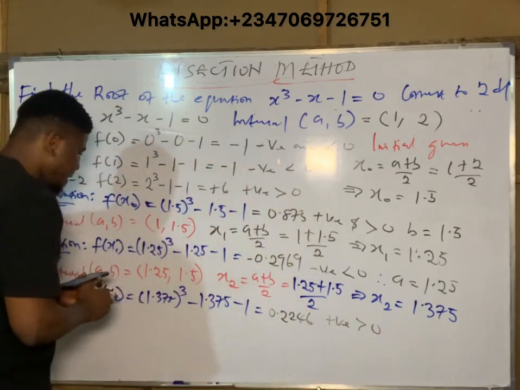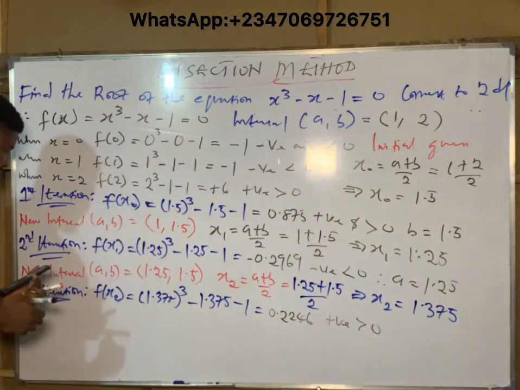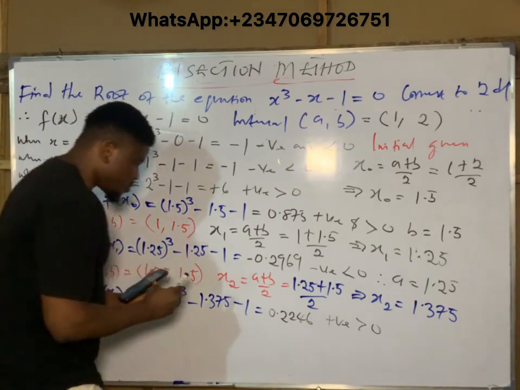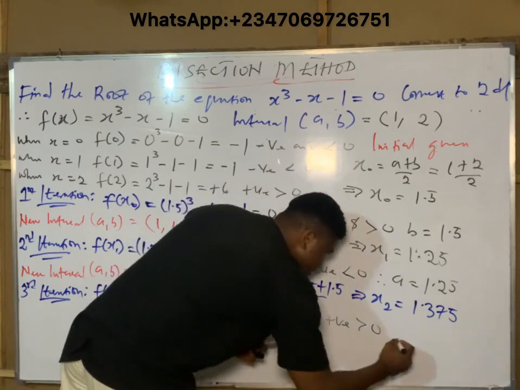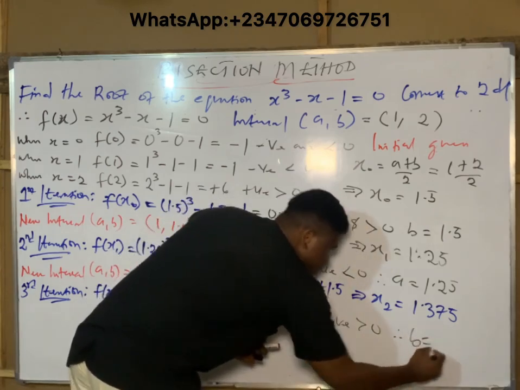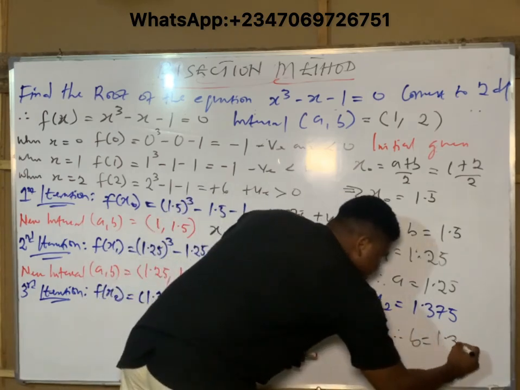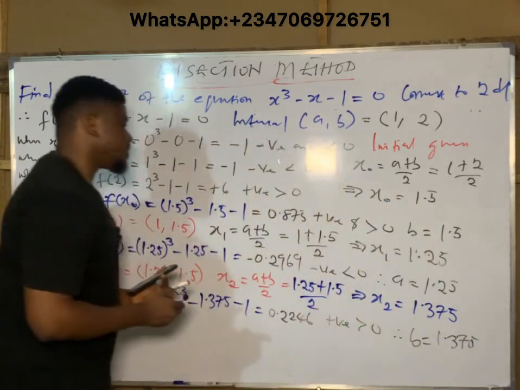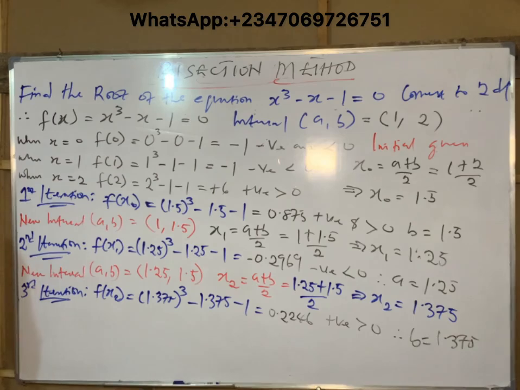So remember I said any value that causes the function to be positive automatically becomes b. So we have a new value for b. Therefore, b is equal to 1.375. So if we have b, it means now that we have a new interval.